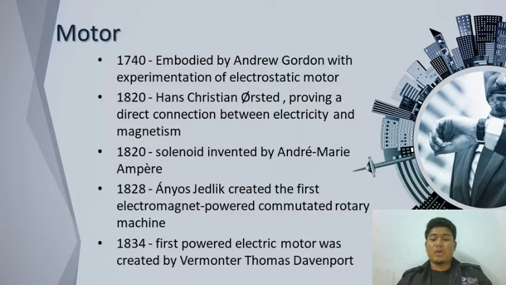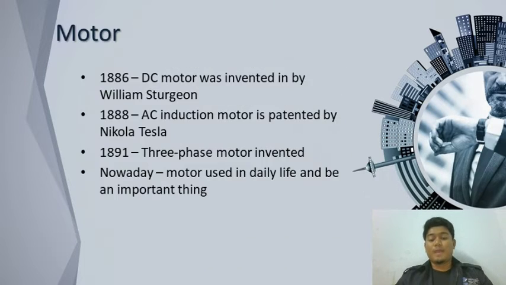In 1834, the first electric motor was created by Vermont's Thomas Davenport. In 1886, the DC motor was invented by William Sturgeon. Two years later, the AC induction motor was patented by Nikola Tesla. Then in 1891, the three-phase motor was invented.